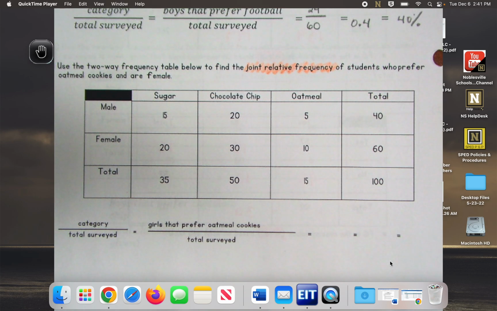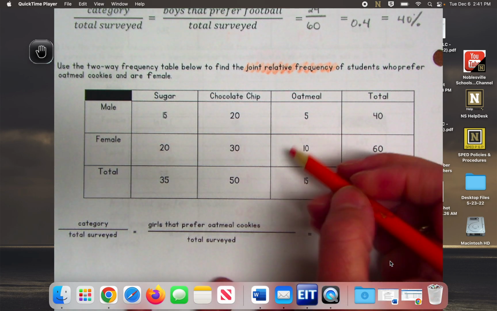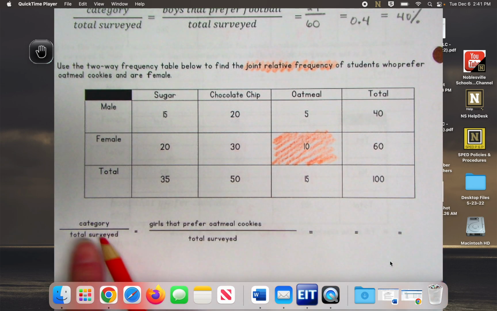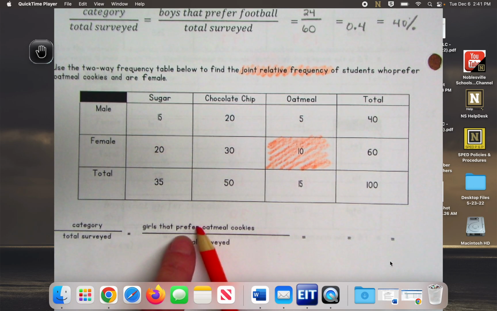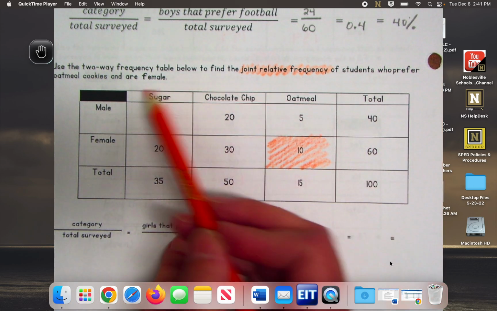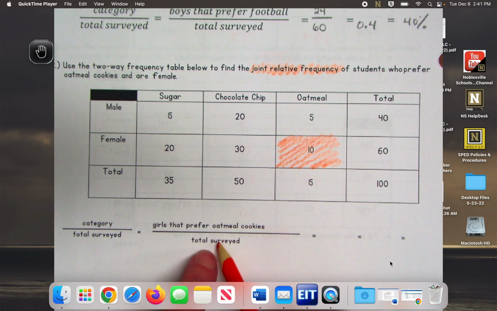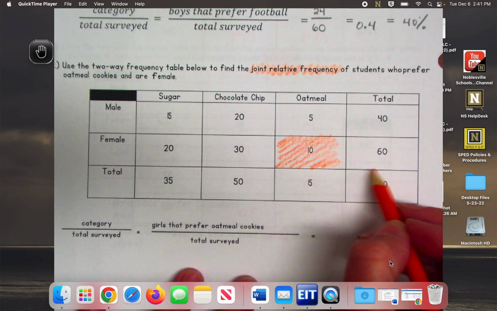Okay? So how many girls prefer oatmeal cookies? 10. Right? So my category is girls that prefer oatmeal cookies. I got that from up here. How many total people were surveyed? 100.